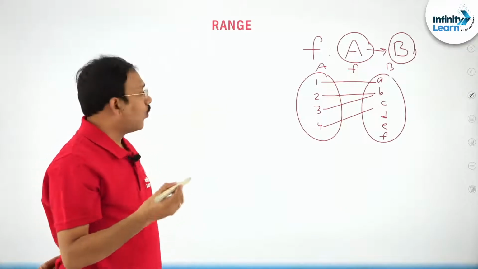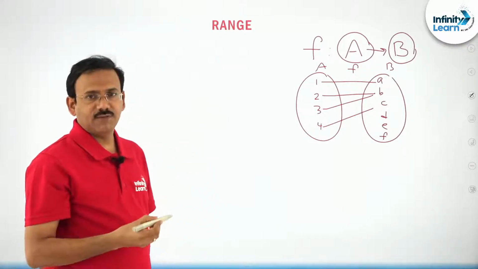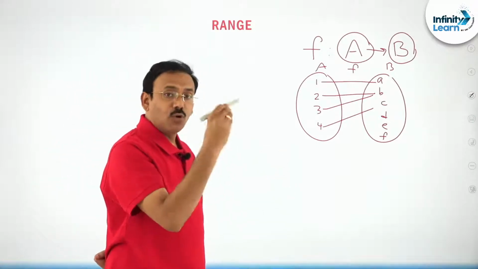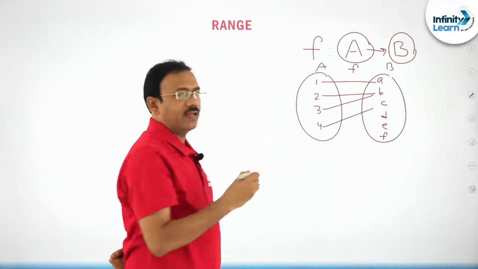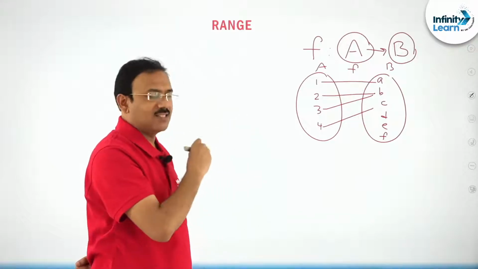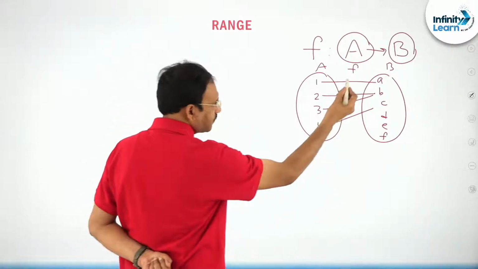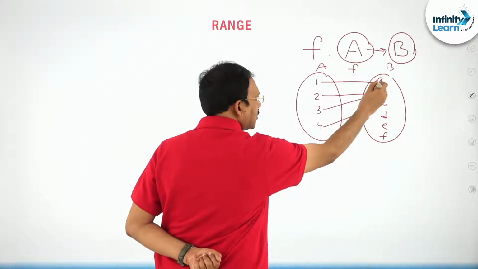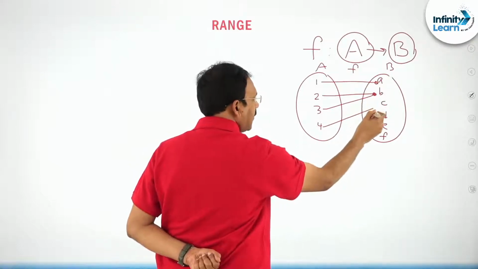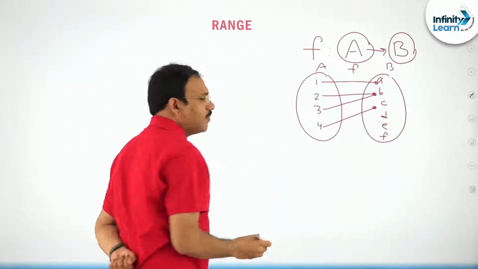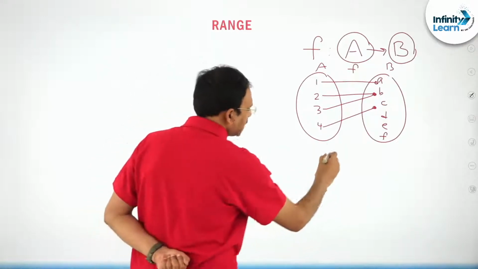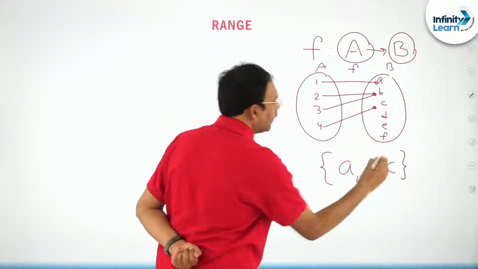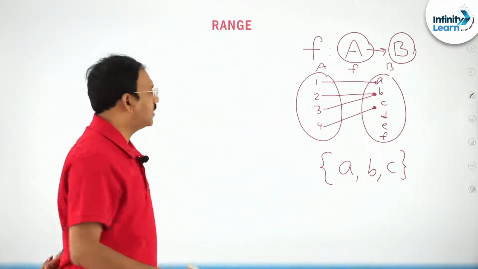Now, what is the range of this function f? Range is the set of those elements of the codomain which have pre-images. For example, in this particular set, a has a pre-image, b has pre-images, c has a pre-image. So the set {a, b, c} is the range of this function.